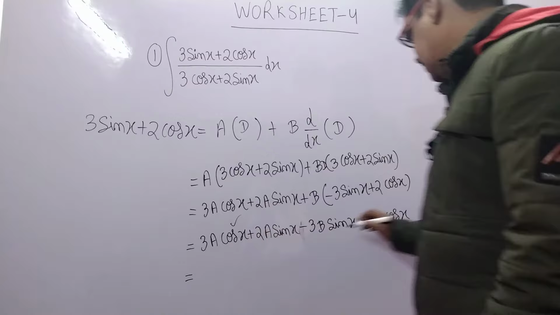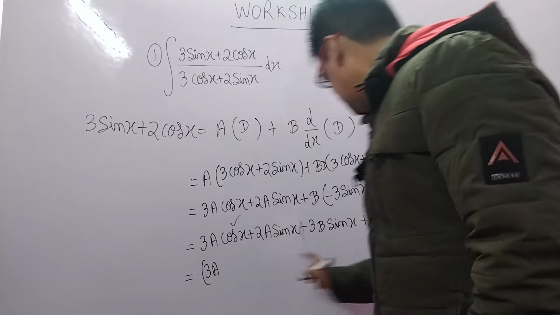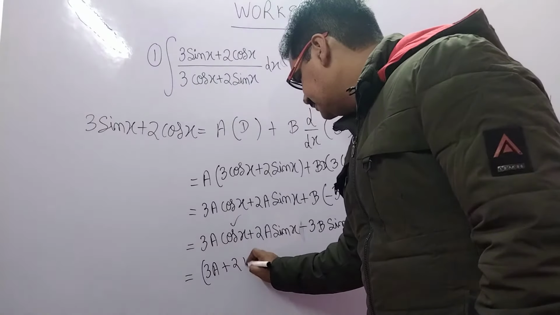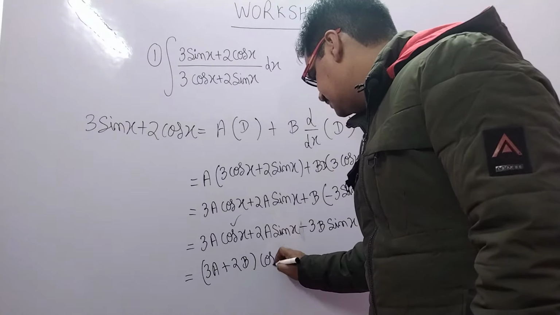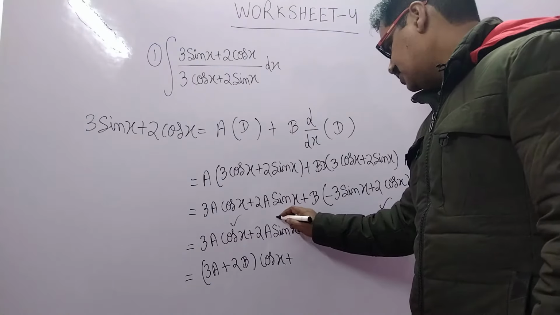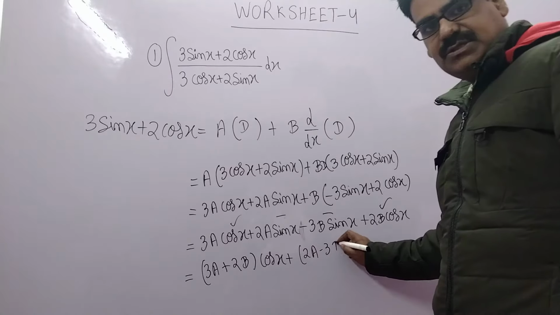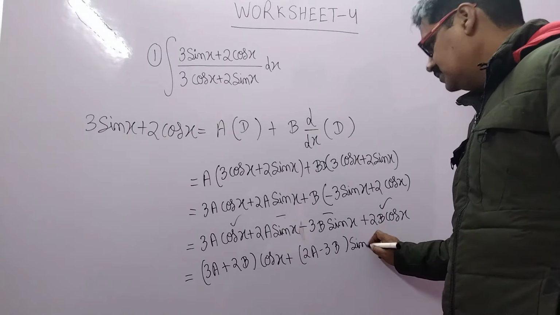We take cos x common from these terms, we get (3a plus 2b) cos x, plus we take sin x common from these terms, we get (2a minus 3b) sin x.